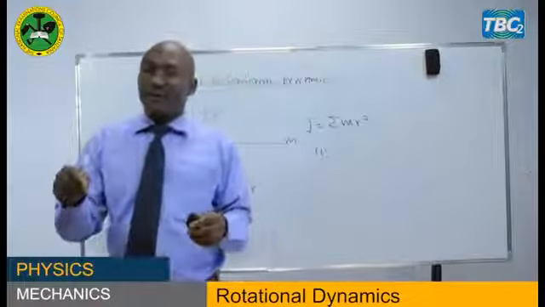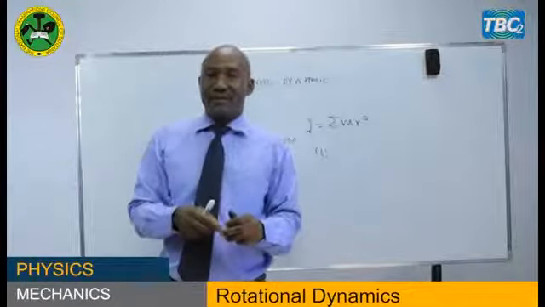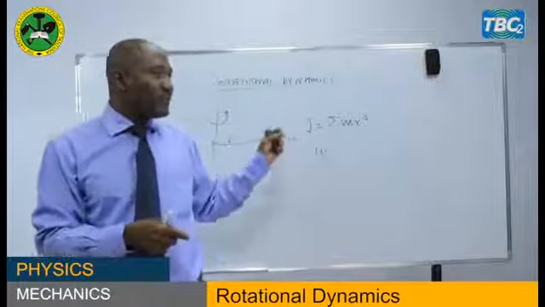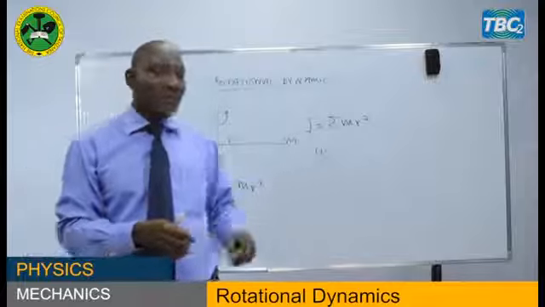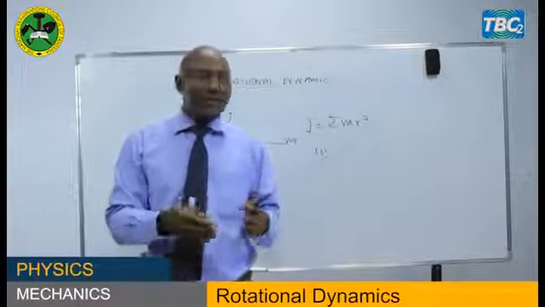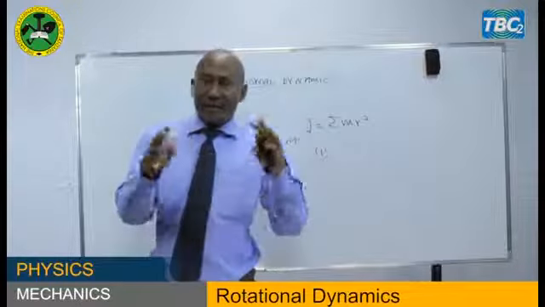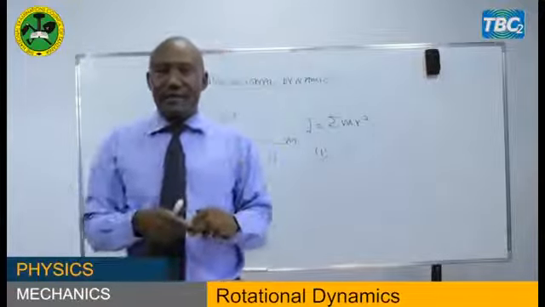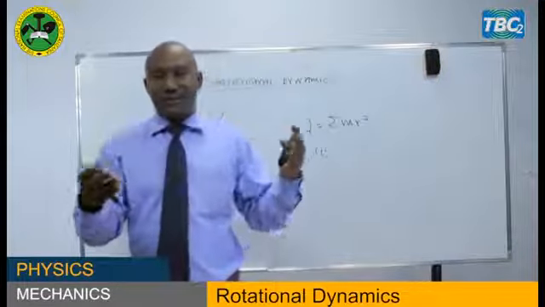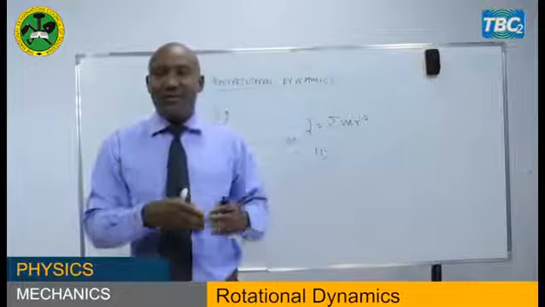When you have a bigger mass of the particle rotating about the same axis, it makes the moment of inertia large. That's one: the moment of inertia depends on the mass of the particle. But not only the mass, there is another factor which we can consider also.